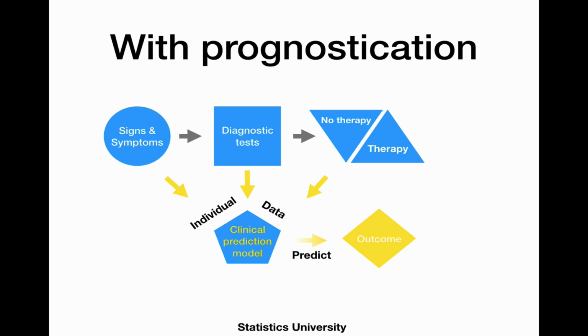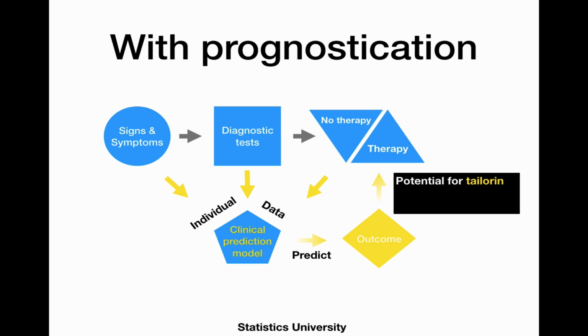And that means that we can tailor our therapy to the individual patient. So for example, patients with a poor outcome, as predicted by the clinical prediction model, may require more aggressive treatment, or maybe no treatment at all if that treatment would be futile and very toxic.